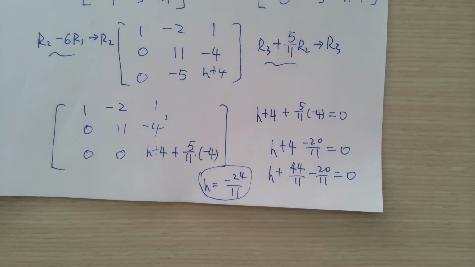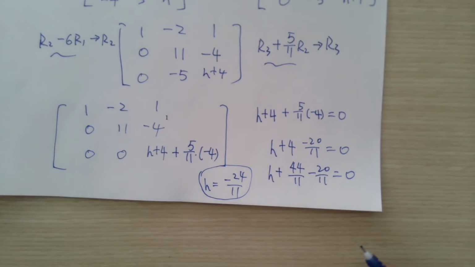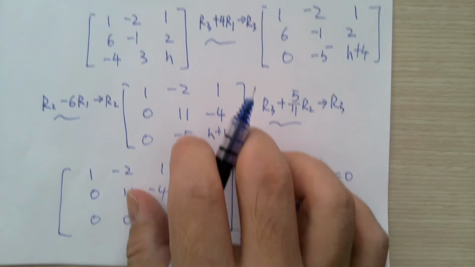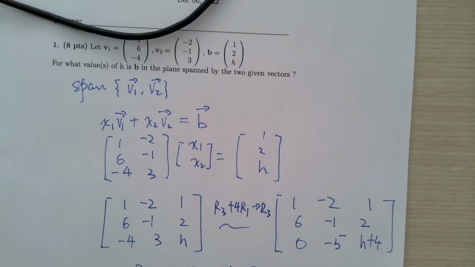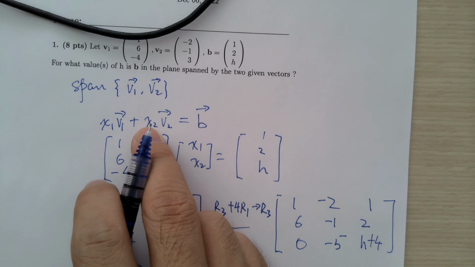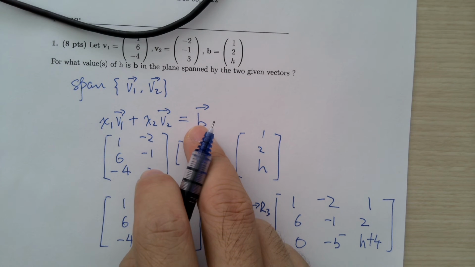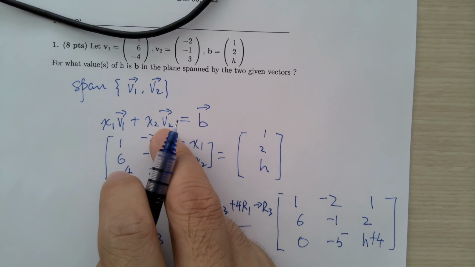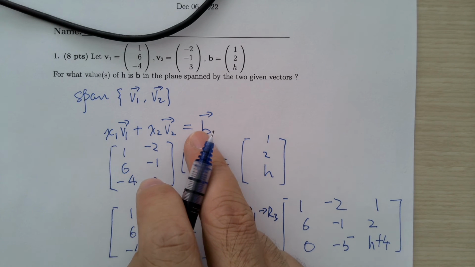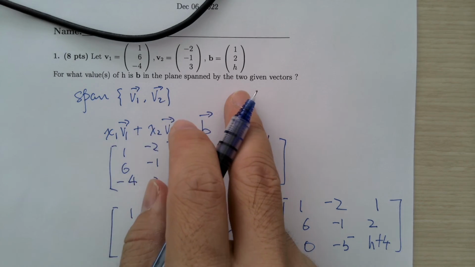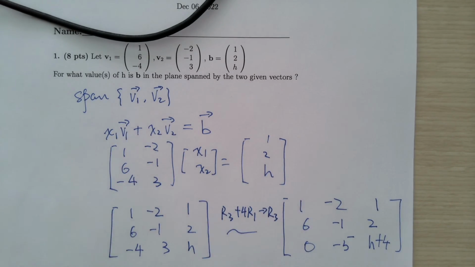Okay, so this will make this entry become 0, and then it will make the system consistent. Hence, there exist x1 and x2 such that b is a linear combination of v1 and v2, and b for sure is going to be in the plane spanned by those two given vectors. Okay, so that's the first part.